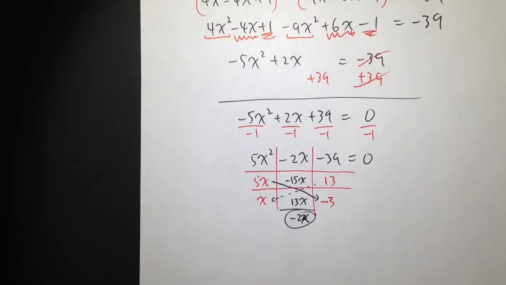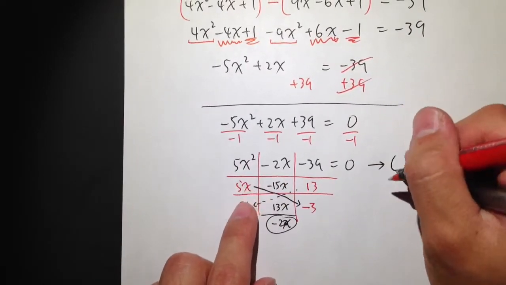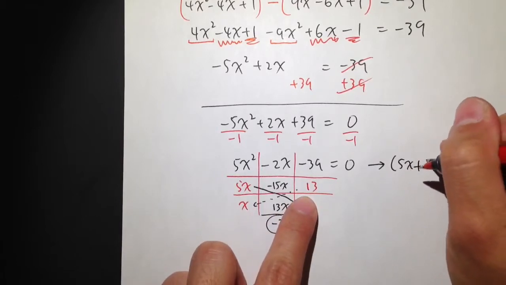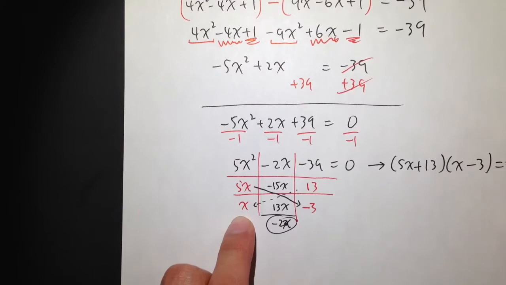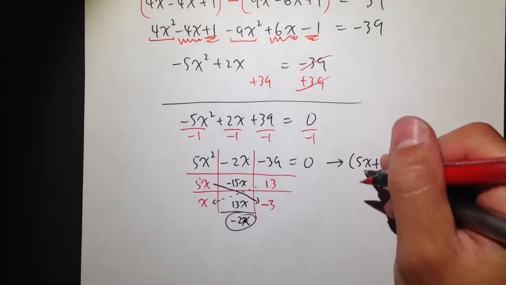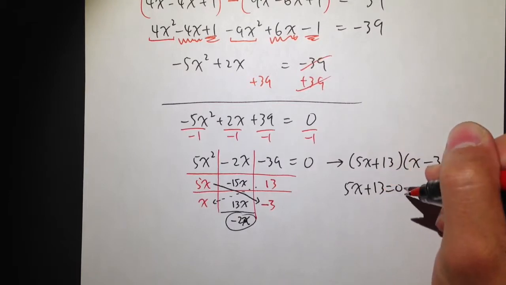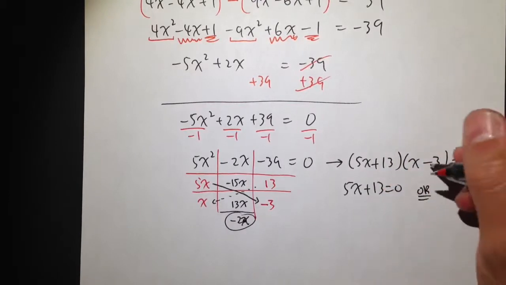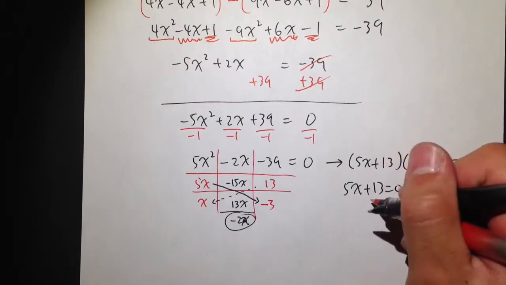So I know the correct factorization of this will be (5x + 13)(x - 3) equals 0. As usual, set the first parenthesis, 5x plus 13, equal to 0, or on the other hand, x minus 3 is equal to 0. Then just finish this up.